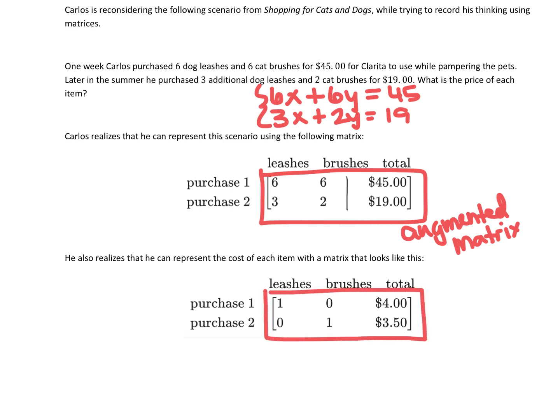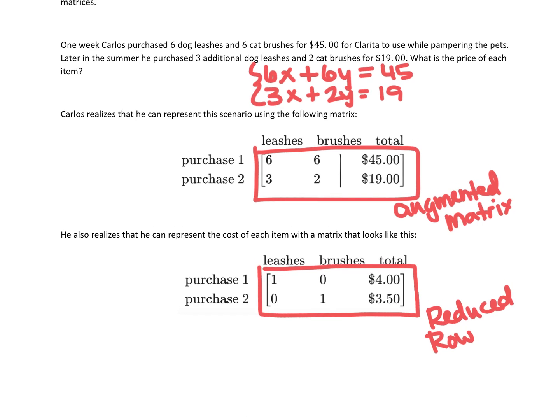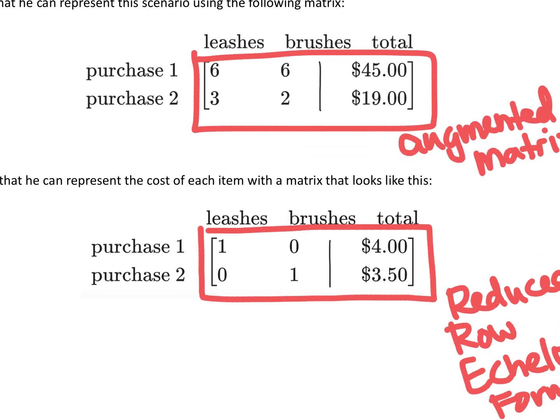This is called reduced row echelon form. Again, it would most likely have a vertical line right here that divides the items from the totals.